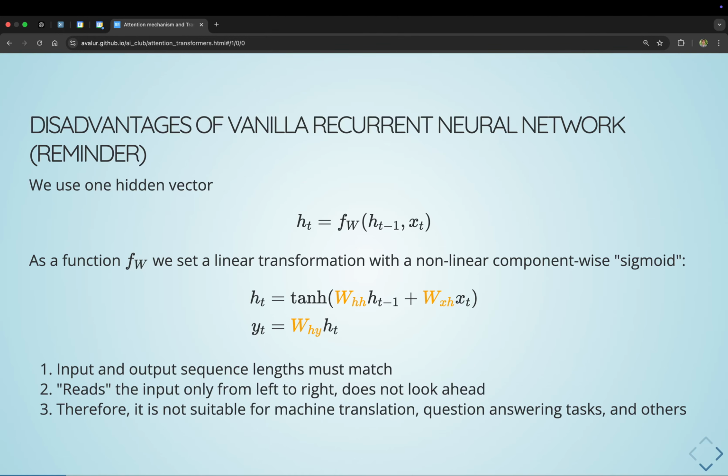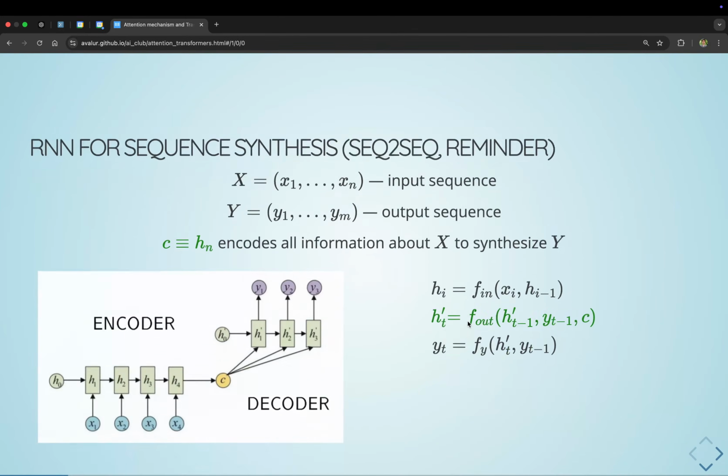For example, if we want to solve the machine translation task and translate an English sentence to another language, to, I don't know, Greek, French, or some other, then of course, firstly, we need to read the whole sentence and then translate it to another language. So for these types of problems, such as machine translation, question answering, and so on, recurrent neural network models are not appropriate, so we cannot use them.